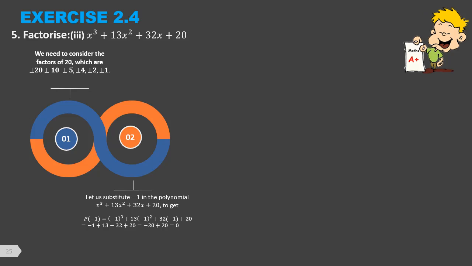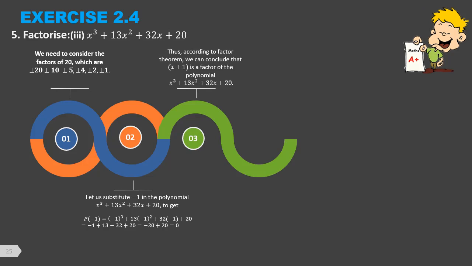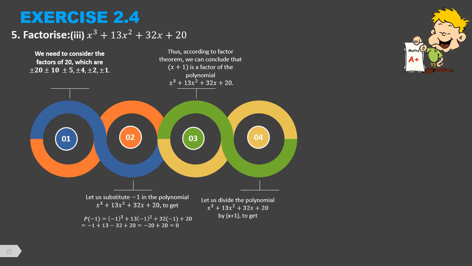Therefore, according to the factor theorem, we can conclude that x plus 1 is a factor of p of x. Hence, we divide the whole polynomial by x plus 1 using the long division process. x plus 1 is the divisor and this whole term is the dividend.